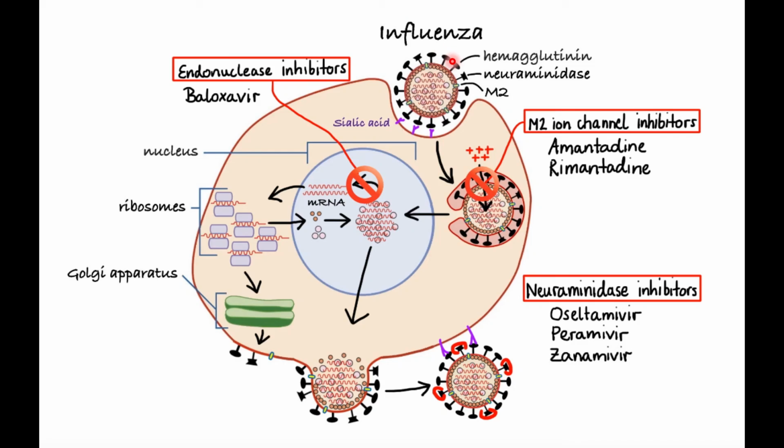Influenza virus consists of an RNA strand that is enveloped in a capsid with hemagglutinin, neuraminidase, and matrix 2 proteins that are located on the surface of the viral particle.